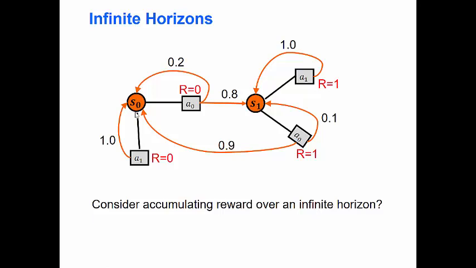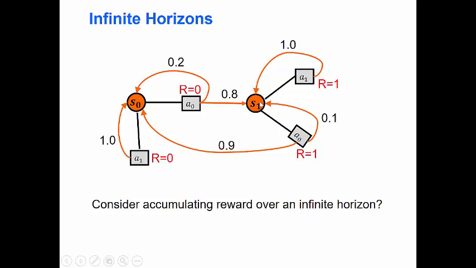Even if you're running it for an infinite amount of time. Now, A0, on the other hand, you're going to get 0 reward for taking A0, but if you end up in S1, well, you could either take A1 and, wow, get a reward of 1 every time.